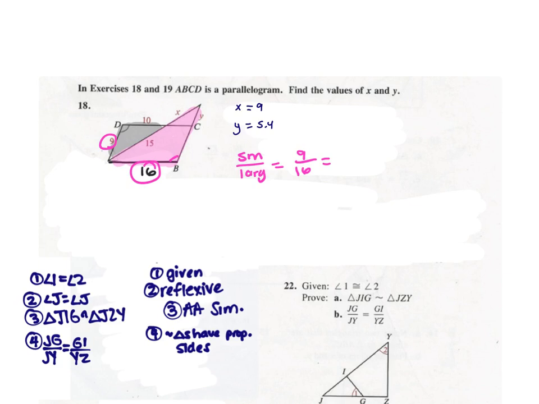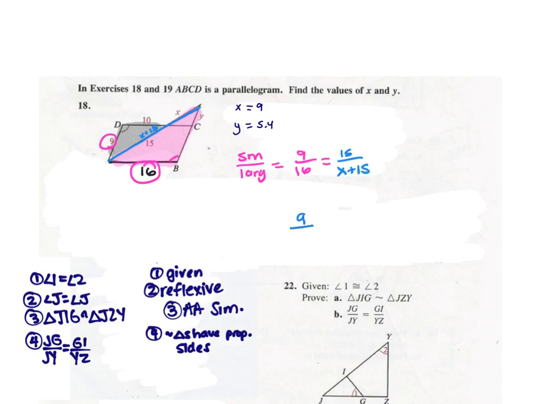And then when I go to pair up the x and the y, the x is part of that side. So x and 15, x plus 15, would be the longest side, which would go with the 8, which would go with the 15. So 15 over x plus 15 would be how I'd set up that side.